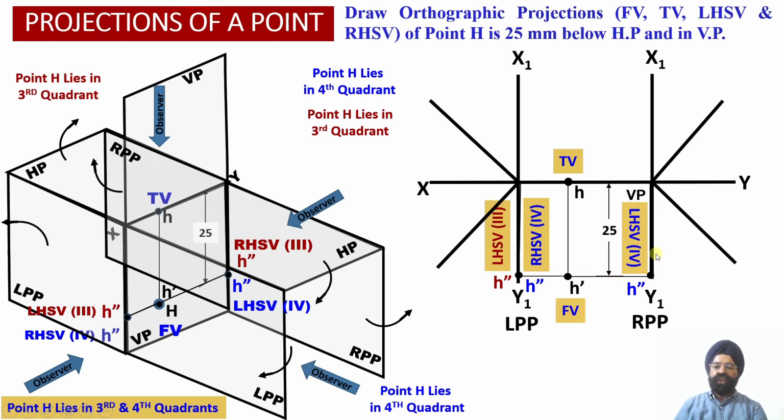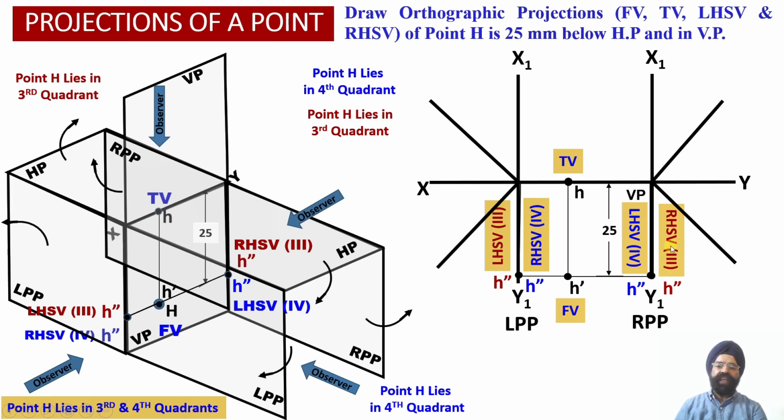So the intersection of these two projector lines in the right profile plane, this is the right profile plane, gives us this intersection point as H double dash, that is the right hand side view projections of the point H, assuming the point to be located in the third quadrant.